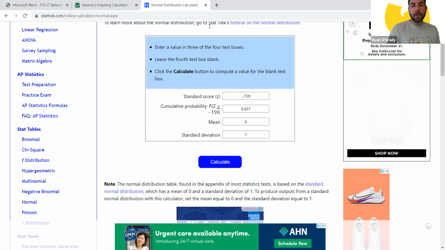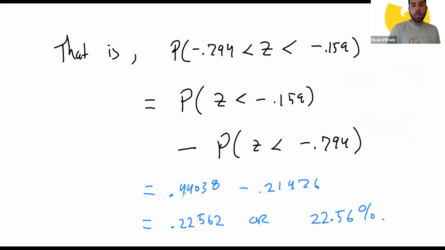0.437, again, 0.437 and 0.44. I mean, it's a rounding issue for sure. Look, if we rounded 0.437 to the nearest hundredths, then you get 0.44, right?